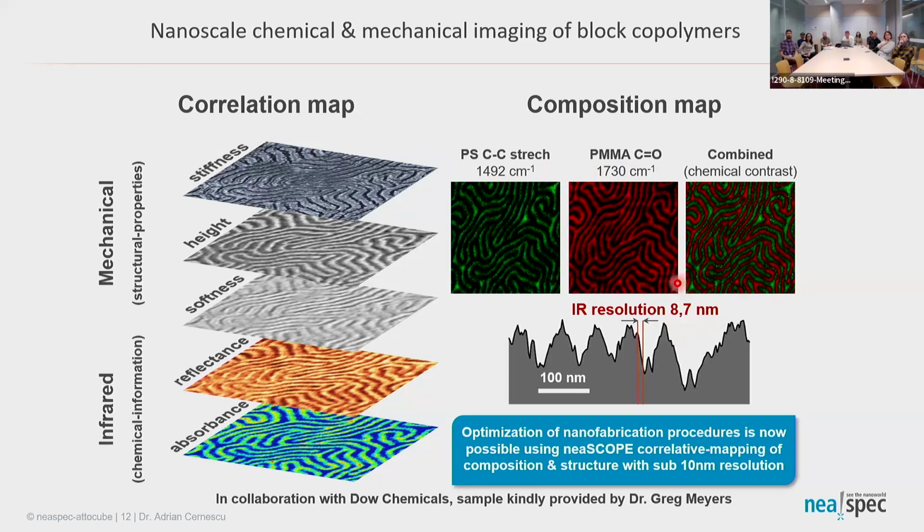But what I want to emphasize is that you don't obtain only the chemical maps, but at the same time you obtain, of course, the topography information, so the height, but also the mechanical phase, which is related to the stiffness of the material, and you can do, let's say, a more advanced investigation on the mechanical properties of the material.